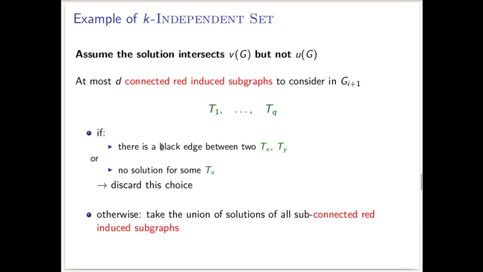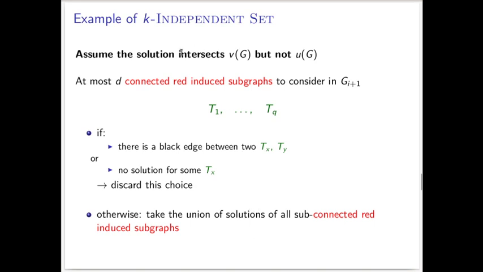There is no solution intersecting all gray bags if it intersects V but not U. We can also discard this choice if there is no solution for some Tx, because it has been discarded before, maybe. So if it is not discarded, we simply take the union of solutions of all T1 to Tq.